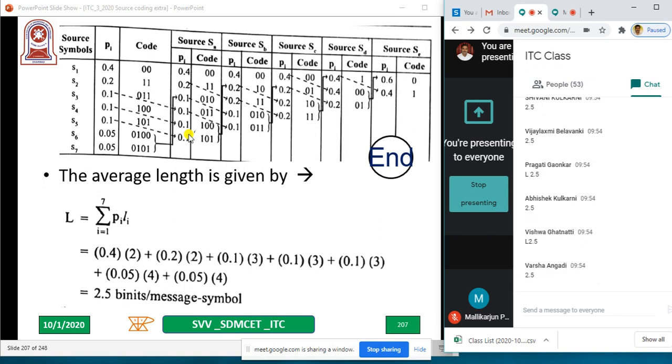Pragati, Abhishek, Varsha, Vishwa, Nayak Lohit, Prajakta, Shilpa, Vidya Kalkiri, Jesurya, Devidas. Most of them are getting 2.5 only. Geeta, Siddharth got 2.5 average length.